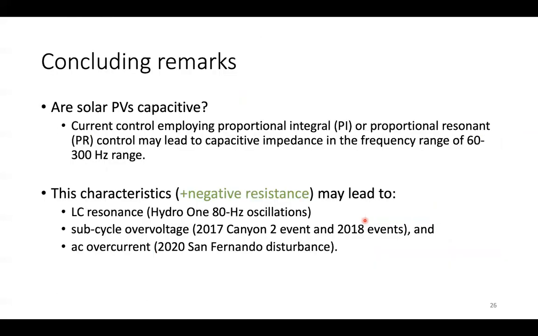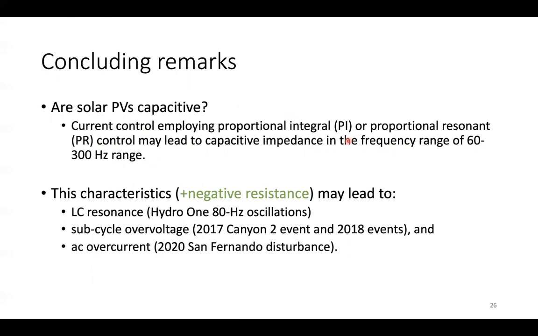So as the concluding remarks, after all these studies, let's come back to what we have found. We have found that the solar PV's capacitive characteristic has played quite a role in those dynamic events. And why are solar PVs capacitive? That is because the current control employing PI or proportional resonant control can lead to capacitive impedance in this kind of frequency range, and this fact is widely known by power electronics people.